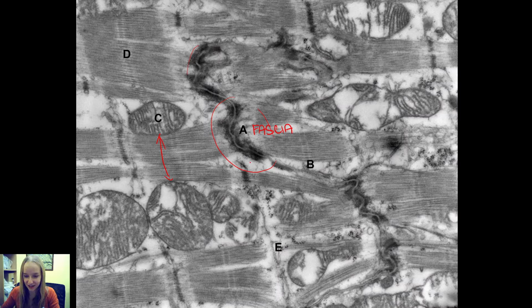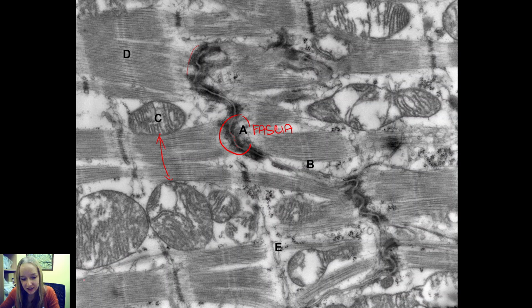And I labeled it all wrong because it's only this part over here. We can see a small gap between cells, and it's very similar to zonula adherens.